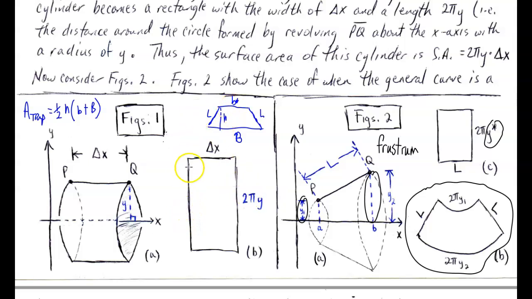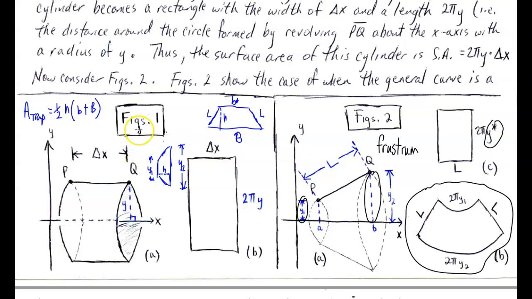Now, if we took this trapezoid and we laid it on its side, it would look something like this. And notice that the bigger base now looks like our y2. The smaller base looks like our y1. And of course, the height of it is now the width of it.